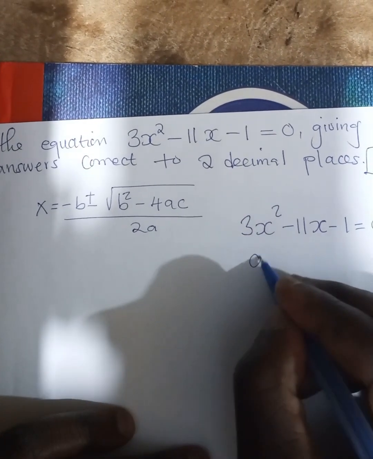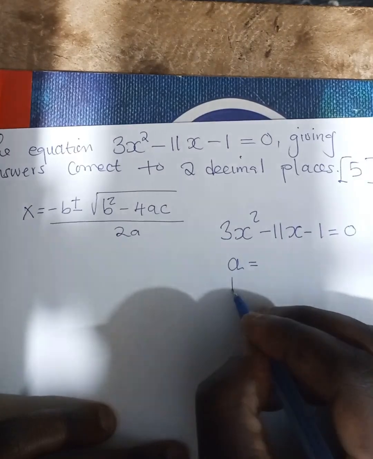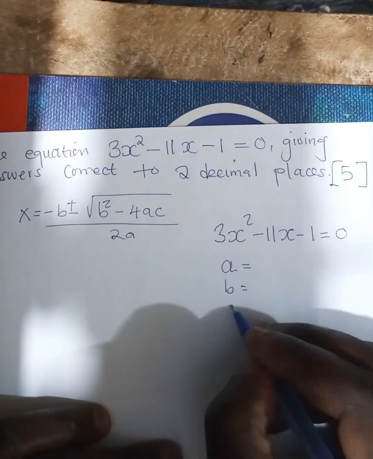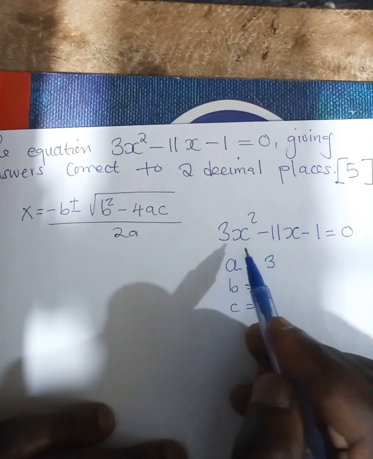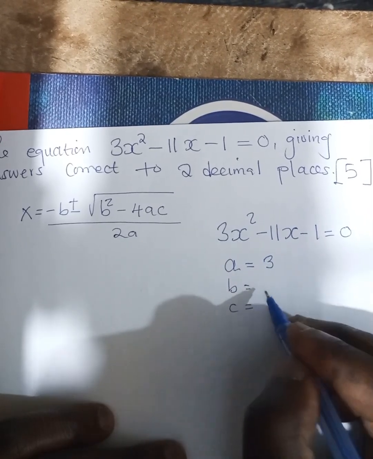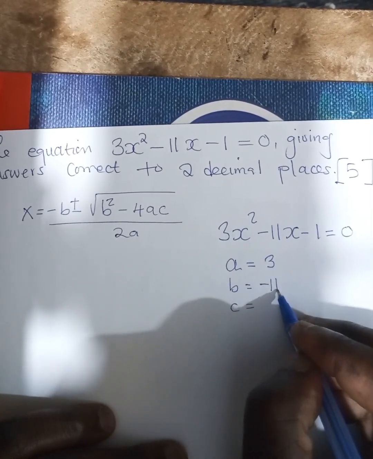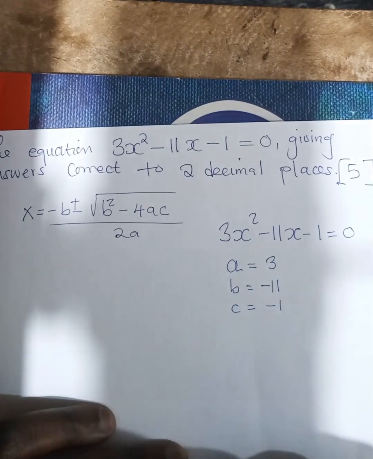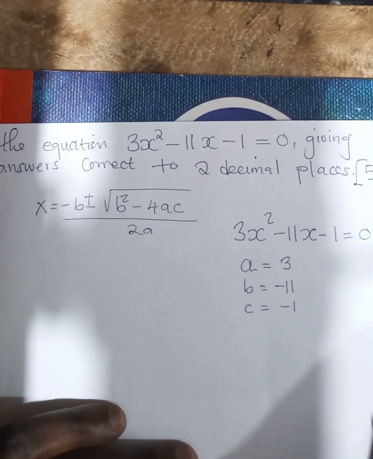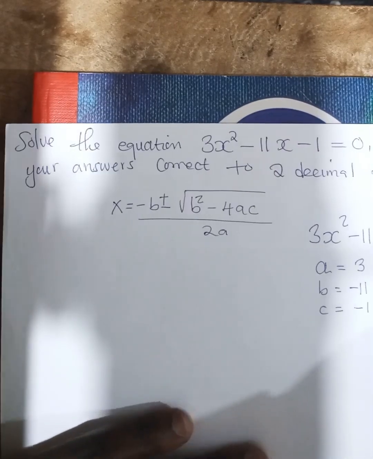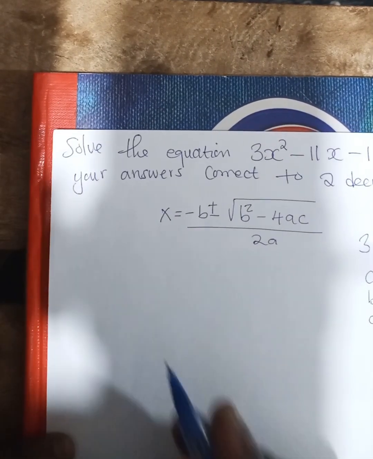So we need to first find our a, our b, and our c. Our a is the coefficient of x squared, which is 3. Our b is negative 11, and our c is negative 1.